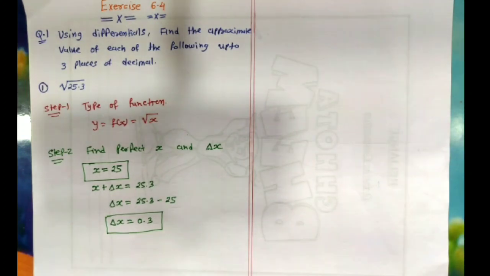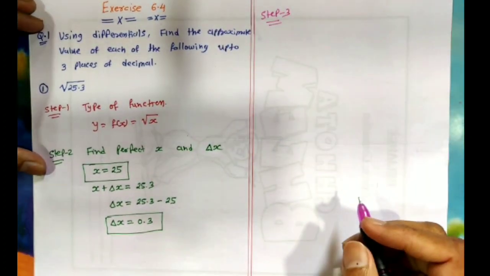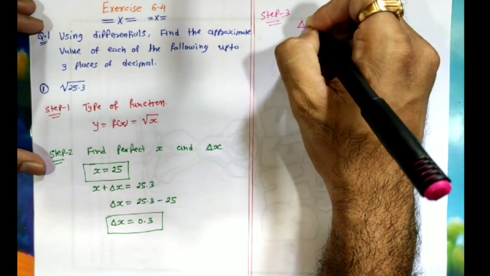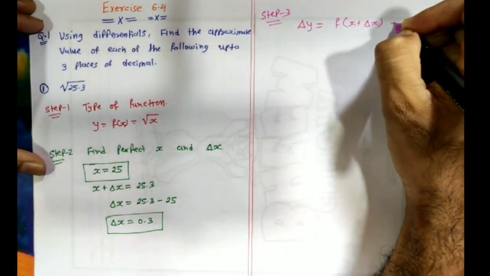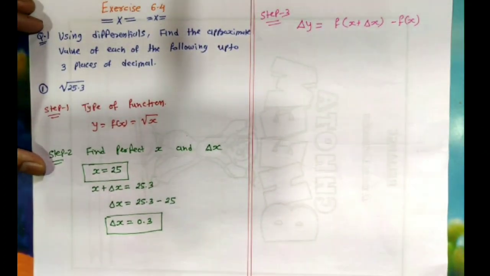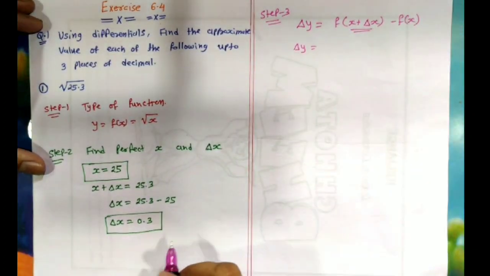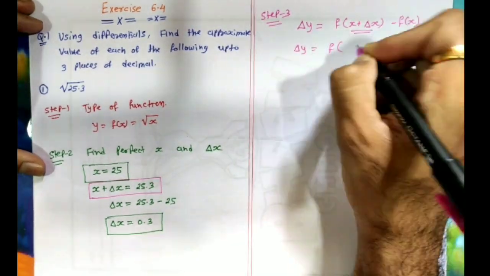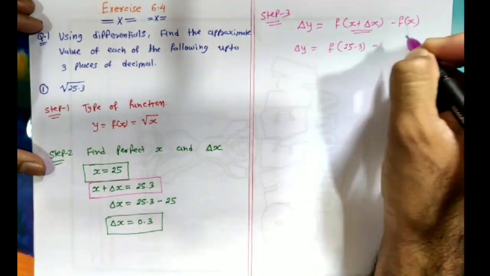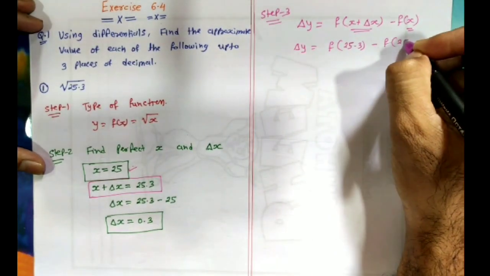Now step number 3 is to find the value of delta y, and we obtain it by the formula: delta y is f of x plus delta x minus f of x. x plus delta x is the given value, 25.3, so it is f of 25.3 minus f of x, where x is our perfect x that we defined as 25.